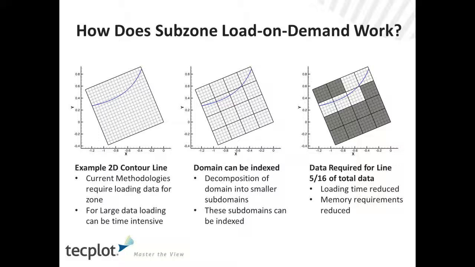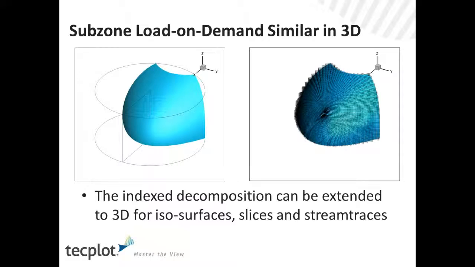And the idea is that if you can index appropriately, one can actually load only those zones of information, the information around where that line actually is going to be drawn. And as a result, the amount of information you have to load, again, depending on the size of the data, can be substantially less. In this case, it's 5/16 of the data, but again, this is an extraordinarily simple case. It's really not reflective of what's actually happening.